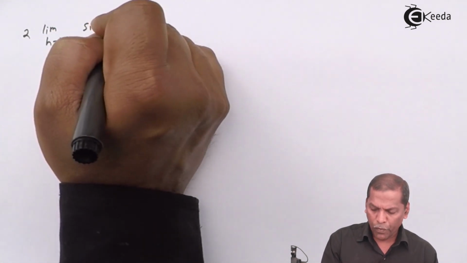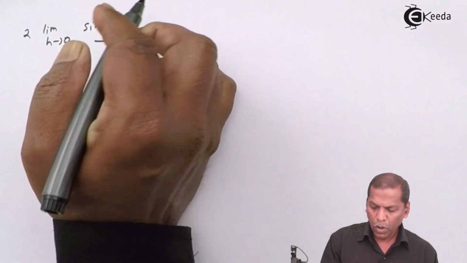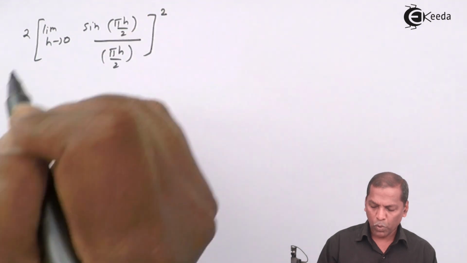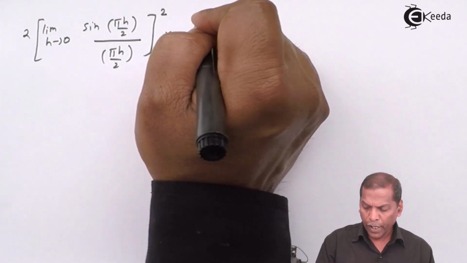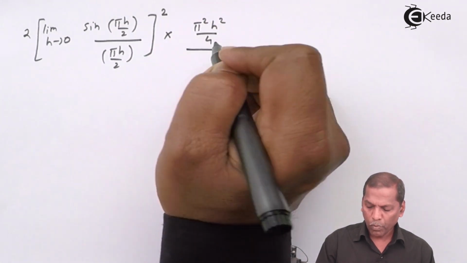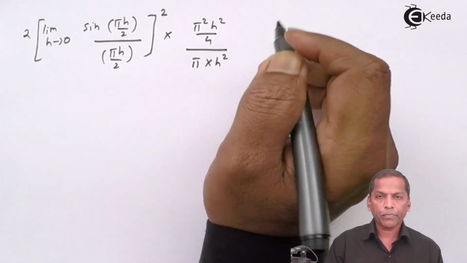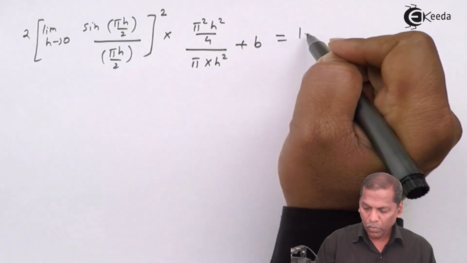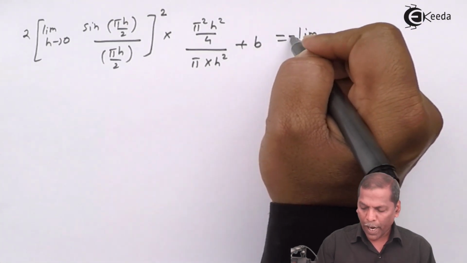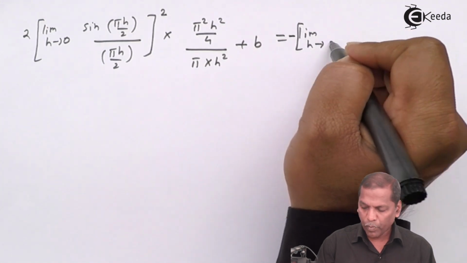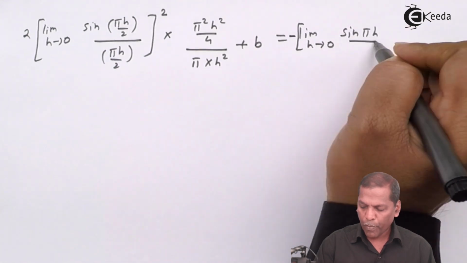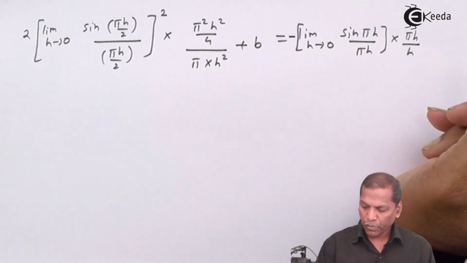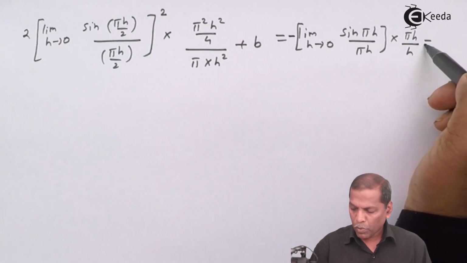So we have sine of pi h upon 2 upon pi h upon 2 whole bracket raised to 2, into pi square h square by 4 upon pi into h square, plus b we write as it is, and that equals, first of all we write minus sign, then limit h tends to 0 sine of pi h upon pi h into pi h upon h, and that equals 2 pi.